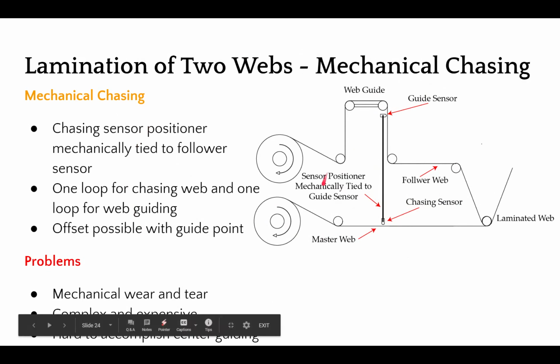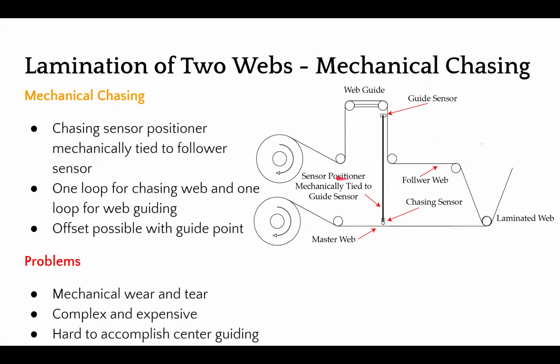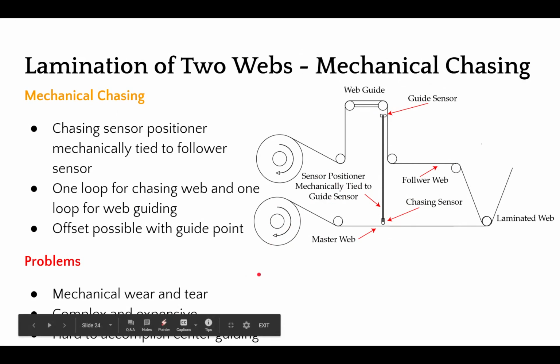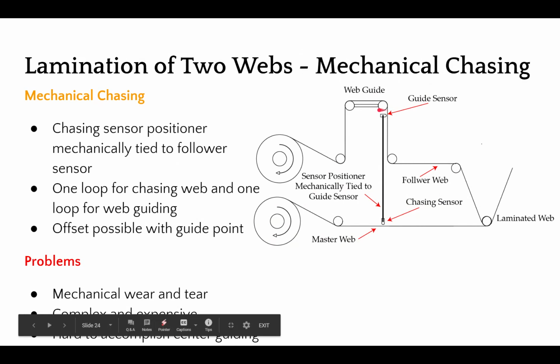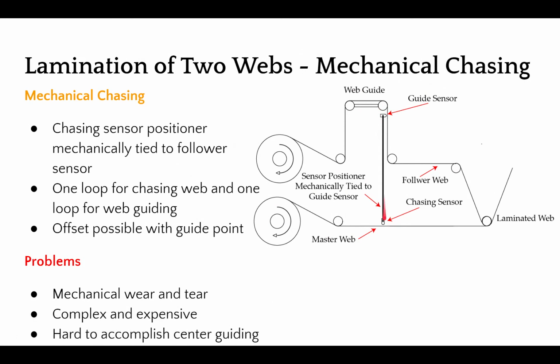So again, this is a system where you have a sensor positioner. So there's an additional actuator required, and it adds complexity depending upon the location where this web guide needs to be, and where this is. It could be quite complicated in terms of accomplishing this. But it's been done.